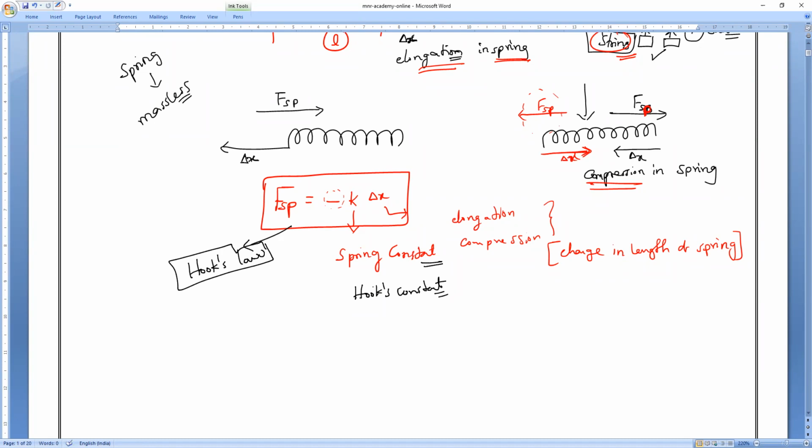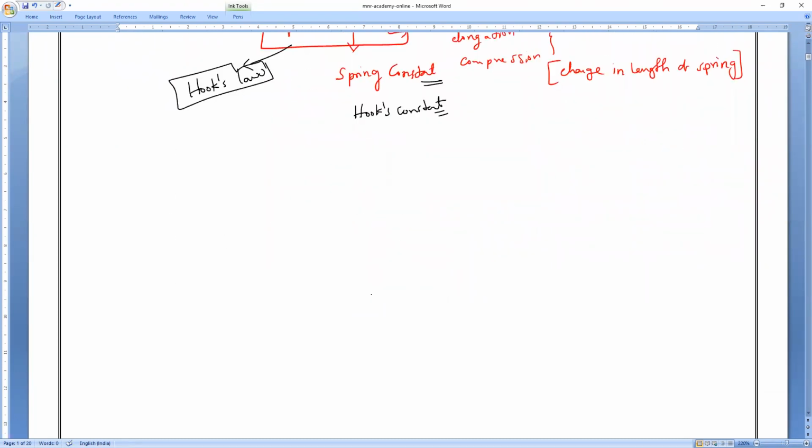Clear, everybody? Now, for example, all of you observe. If there is a spring which is attached at one end and the other end is attached to a mass, and this mass M is pressing the spring, compressing it, the displacement from here to here is called delta X. Then what about the spring force?